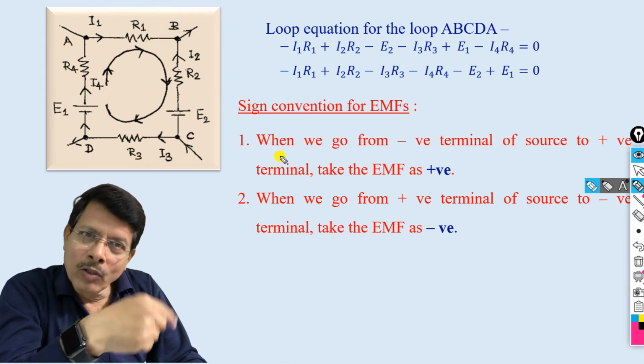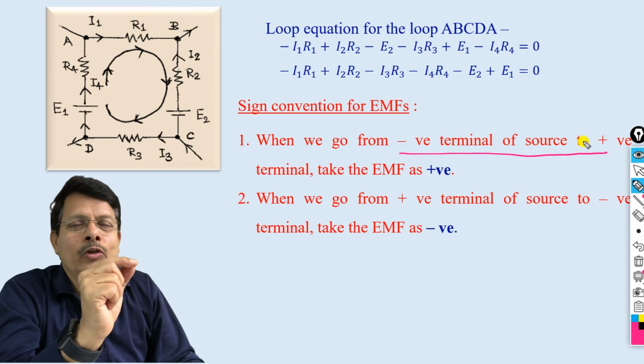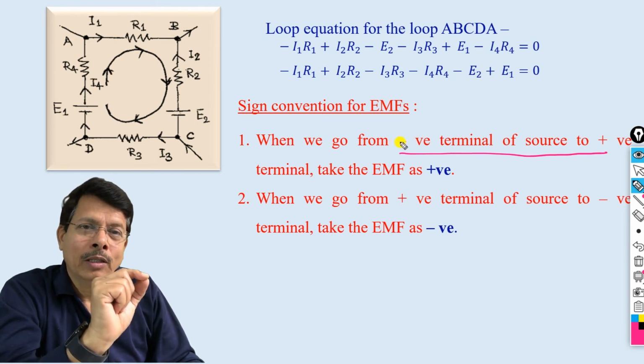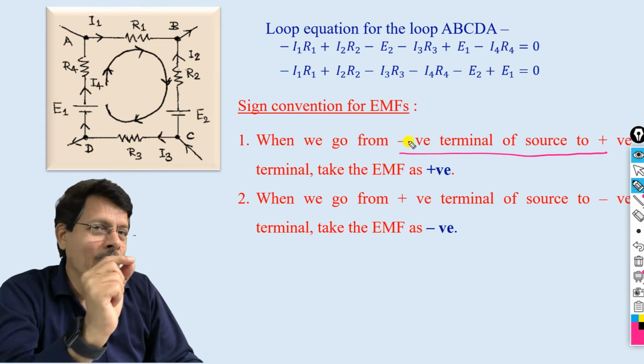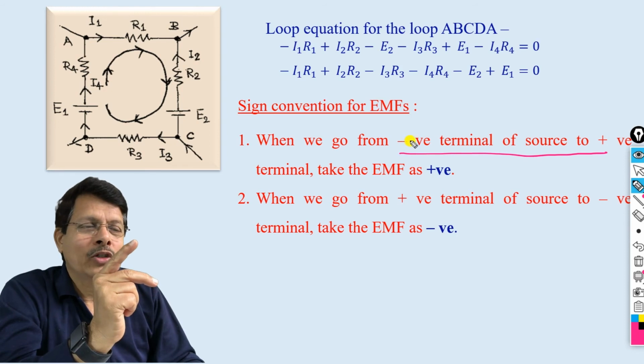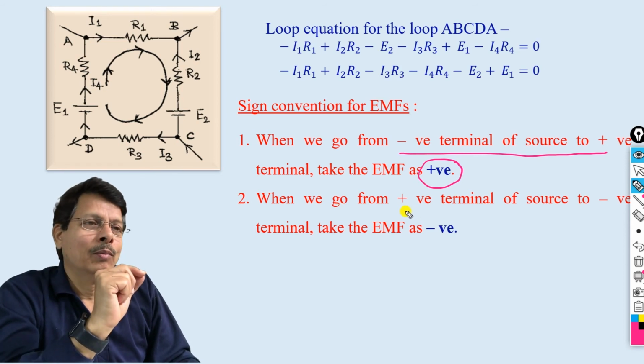When you are going around a loop and when you are going from the negative terminal to the positive terminal of the source, there is a rise in potential and therefore that should be taken with positive sign.